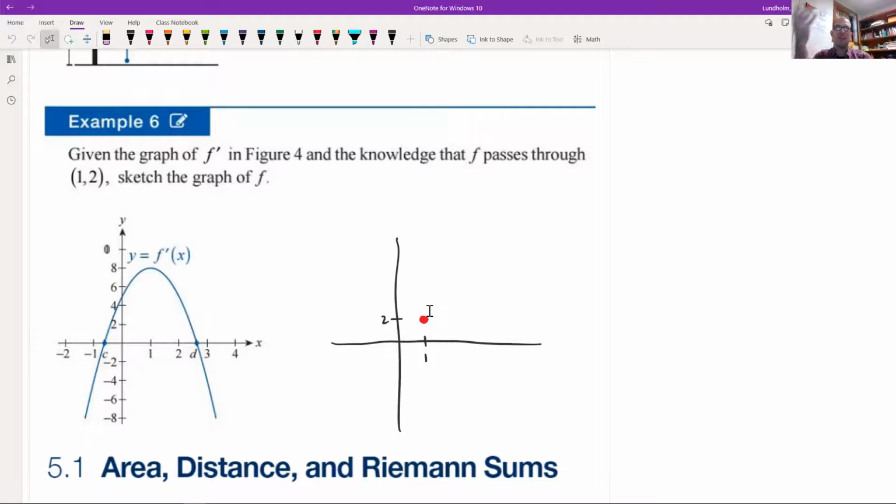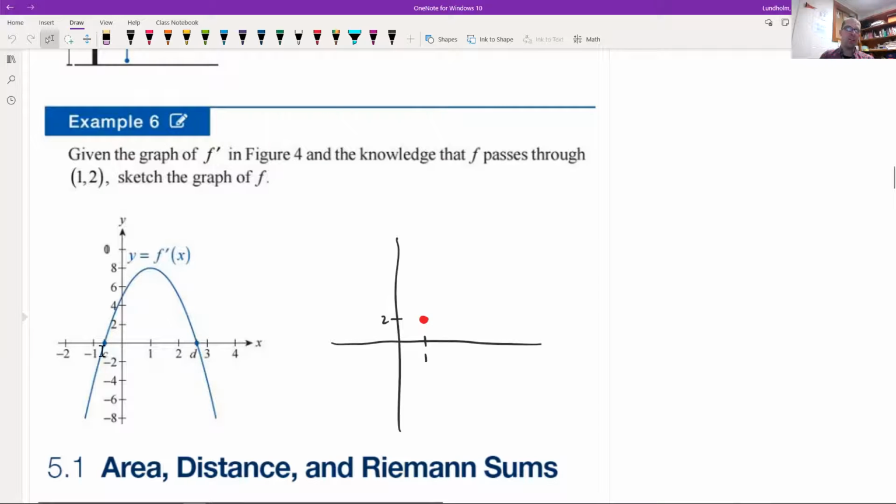I think that's probably what we need to do. All of the y values that we see over here are going to be slopes of this function. So this would correspond to an interval of decrease, an interval of increase between C and D here, and then an interval of decrease over here.